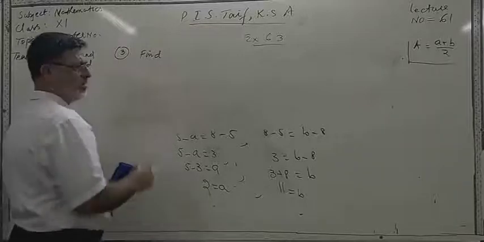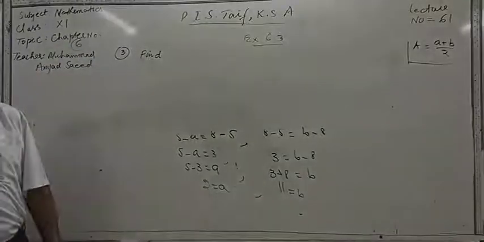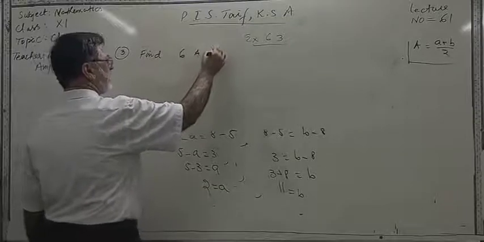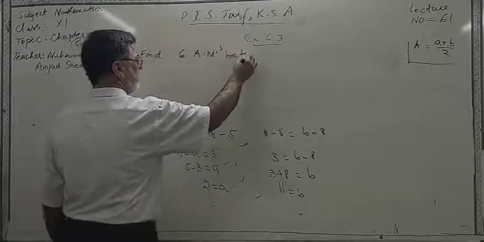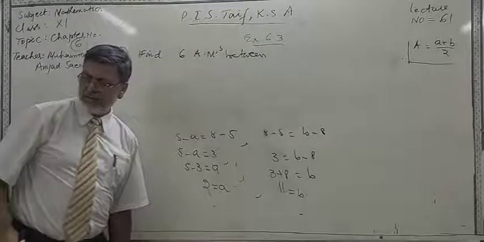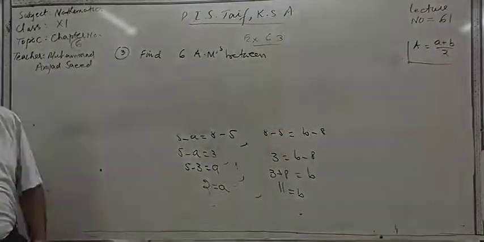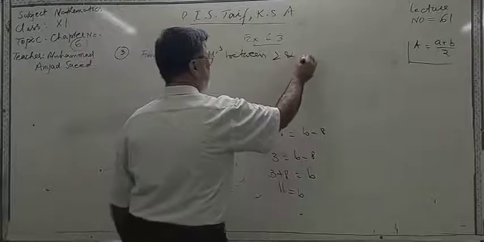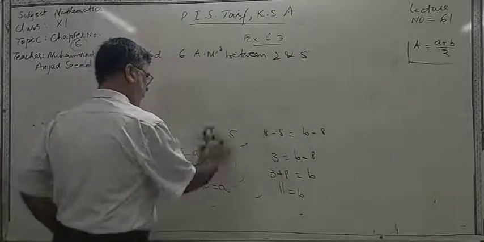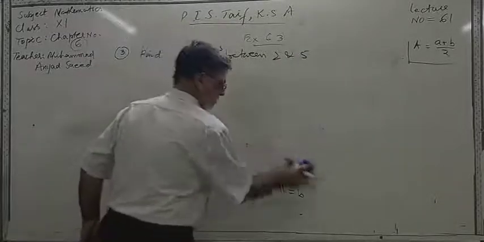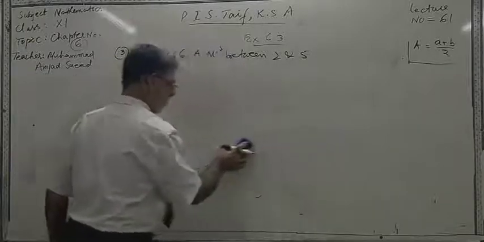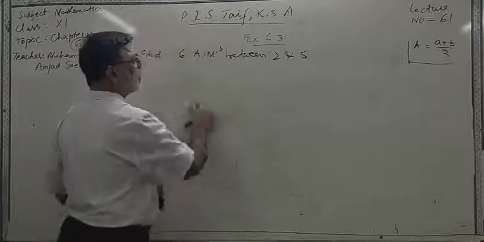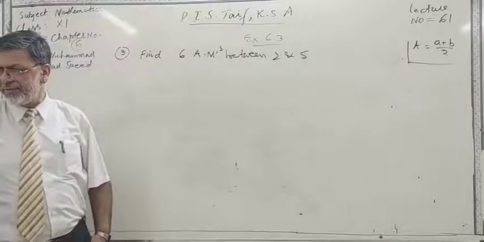Find 6 arithmetic means between 2 and 5. We have to find 6 arithmetic means between these two numbers, 2 and 5.